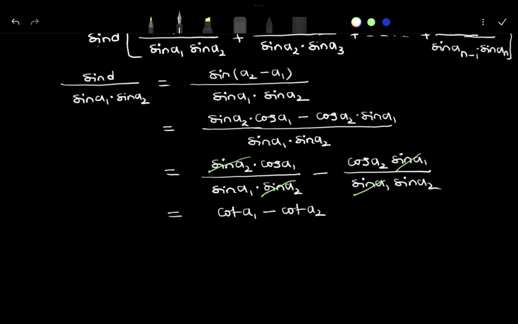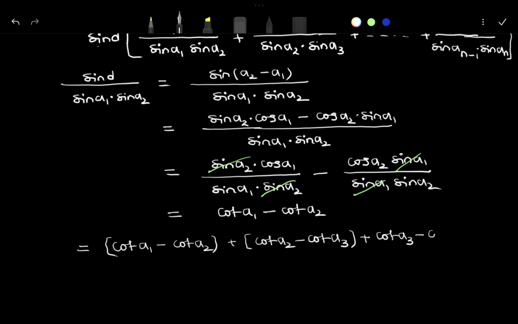Similarly for the second term. By substituting, the first term is cot a1 minus cot a2, the second term is cot a2 minus cot a3, the third term is cot a3 minus cot a4, and so on.